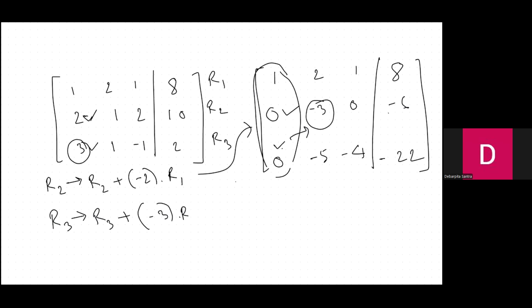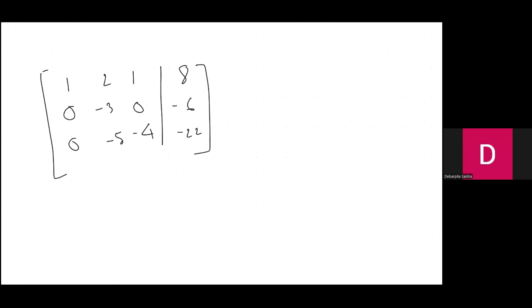So let me just write down freshly this newly obtained augmented matrix. So I have written it freshly. Now this diagonal element should become 1. So which operation do we have to apply?